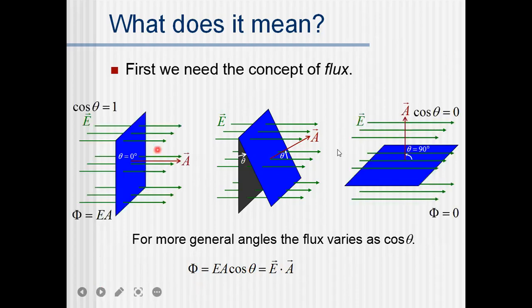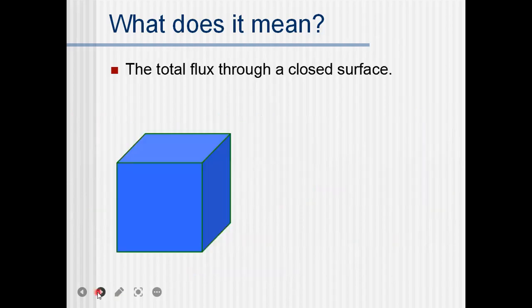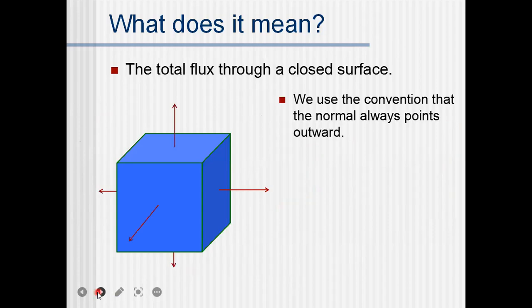Similarly, for the general three cases, we have discussed theta equals 0 degrees, theta an acute angle, and theta a right angle. So we get the total electric flux like this. Now, total flux through a closed surface, I have discussed this also. We use the convention that the normal points outward.